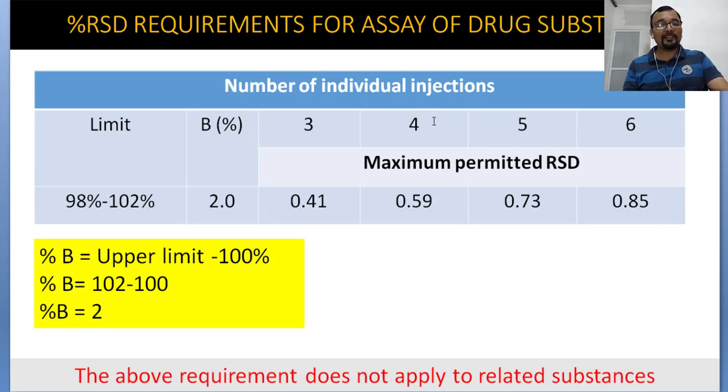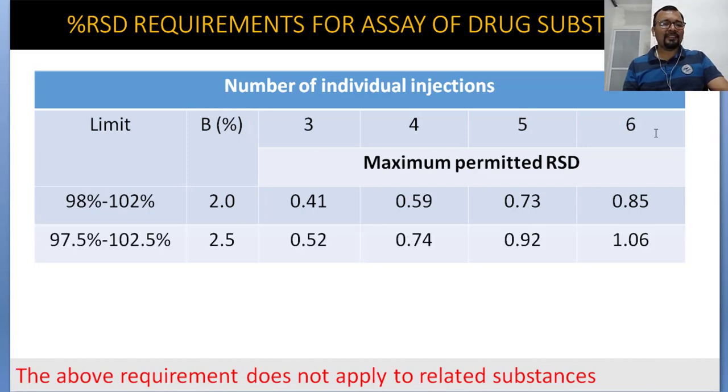But if you wish to inject 4 replicate injections of the standard, then you can keep 0.59% as the limit for RSD. Similarly, for 5 replicate injections, the percent RSD can be 0.73%, and with 6 replicate injections, you can keep 0.85% as the maximum limit for percent RSD.